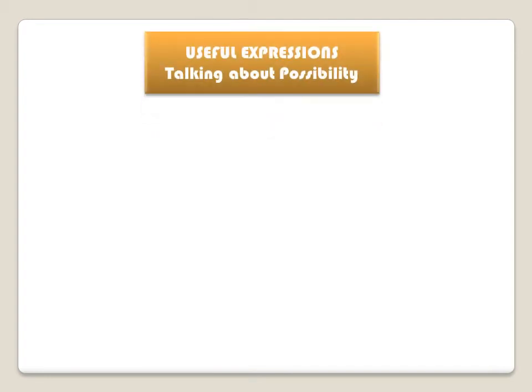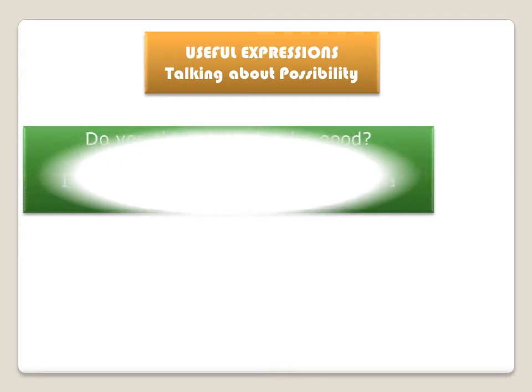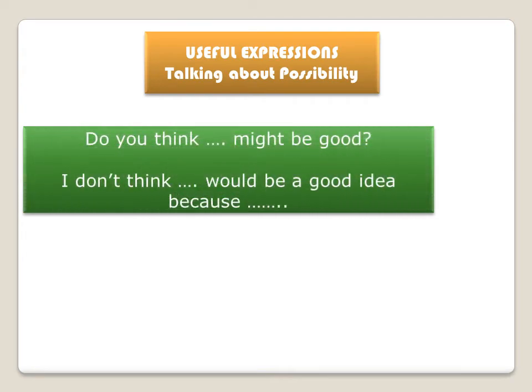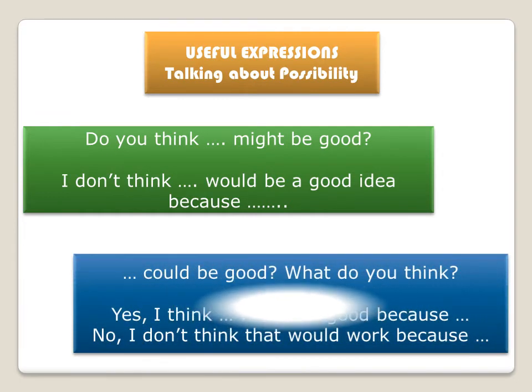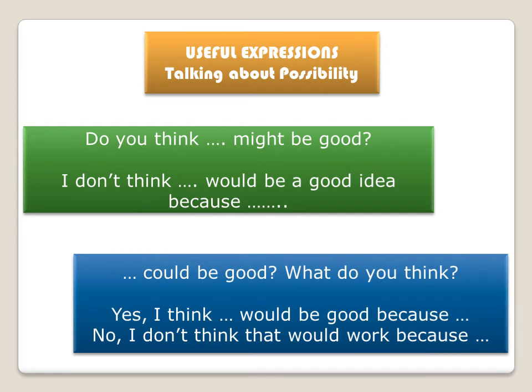All right. Before we move on to the next tasks, which are task C and task D, here are some useful expressions in talking about possibility. Okay, the first useful expression is, do you think it might be good? I don't think it would be a good idea because. And then the second useful expression is, it could be good.